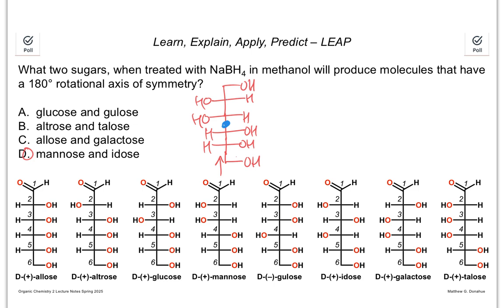So for example, if we're rotating counterclockwise, this OH group would map onto that OH group, and then this one would map onto that one. You can do it either way, clockwise or anti-clockwise.